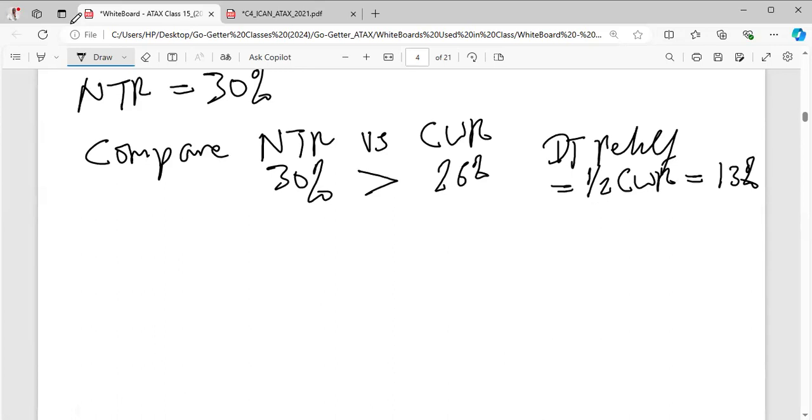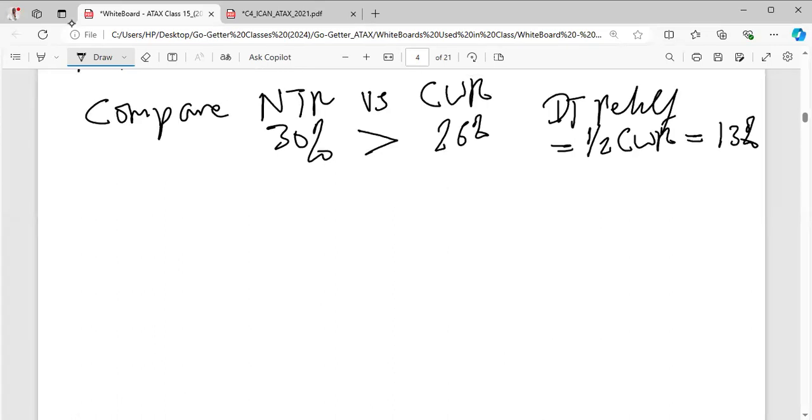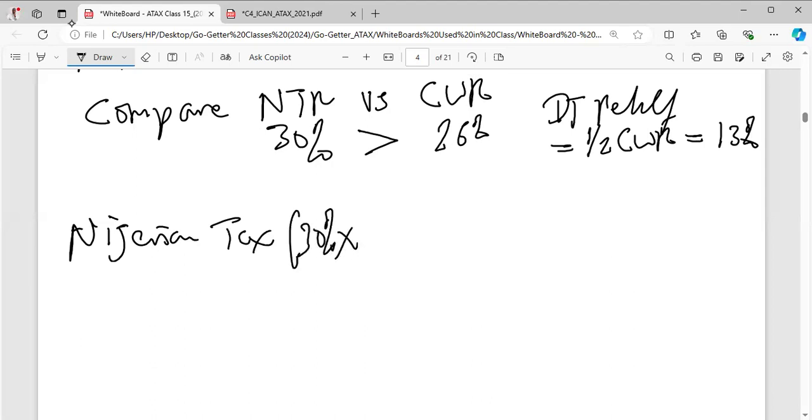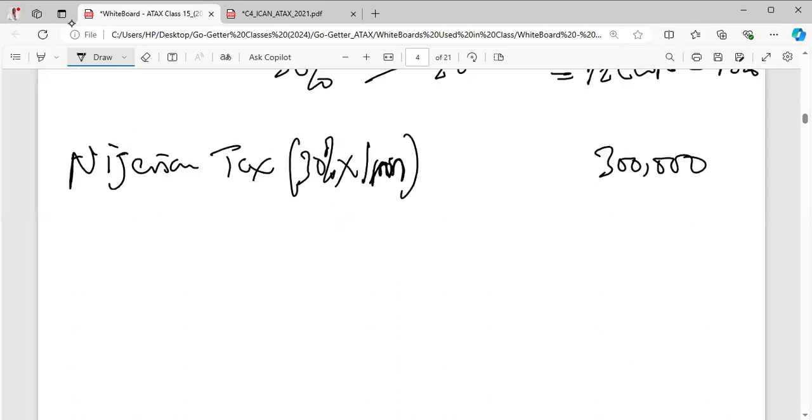So now let's put it into practical use. It is going to first of all go and pay Nigerian tax. Nigerian tax, which is 30% times 1 million, 1M. That should give you 300,000. Because it knows it is going to go to the foreign land, Nigeria will now less the DT relief.